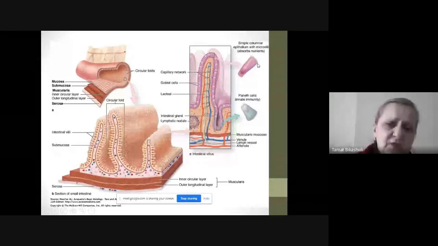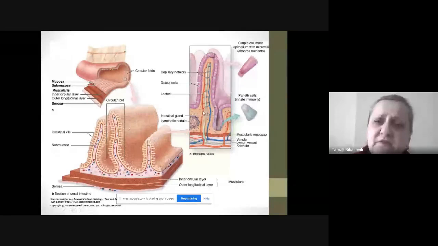So these structures, the circular folds, the villi, and the microvilli, all increase the surface.